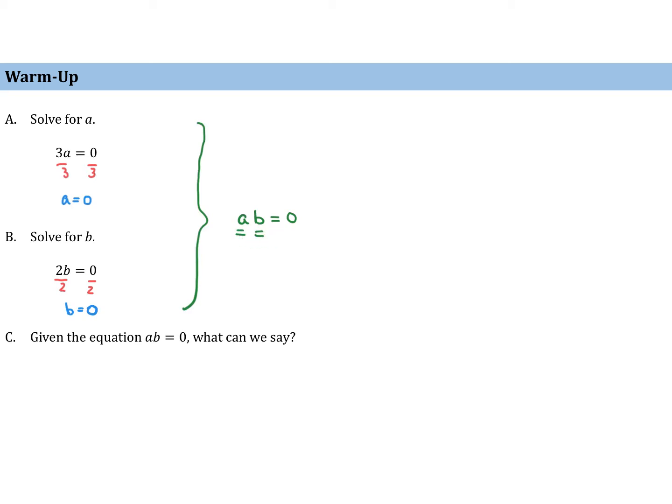Something times something equals 0. The only way that that product can be 0 is if one of these two is 0. So either a equals 0 or b equals 0, or both could be 0.